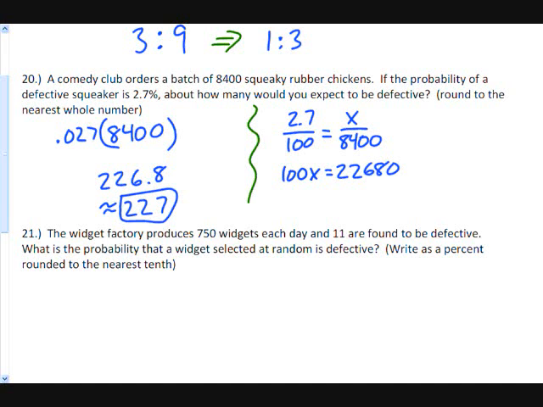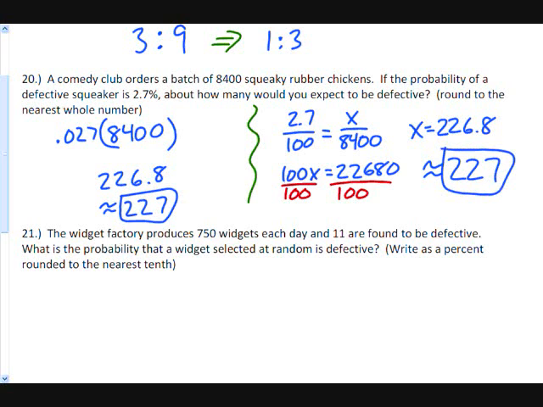And then again, divide each side by the 100. And when we do that, we get the same thing that we just got a moment ago. We get x equals 226.8, which rounded to the nearest whole number is 227. So no matter which way you do it, either way you get the same answer. So either multiply the percentage by the total number to find that percentage, or set up a proportion.